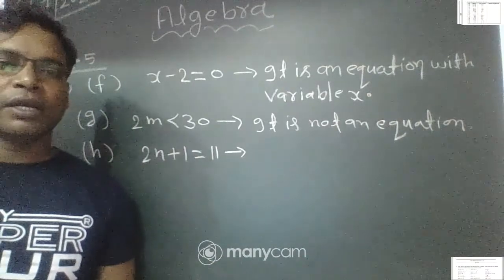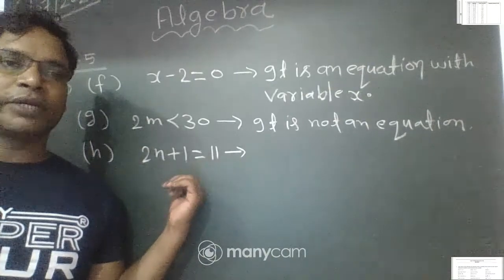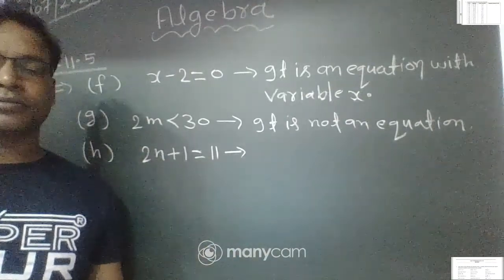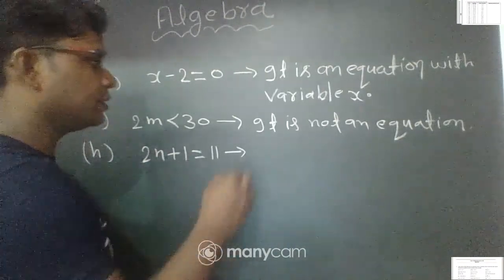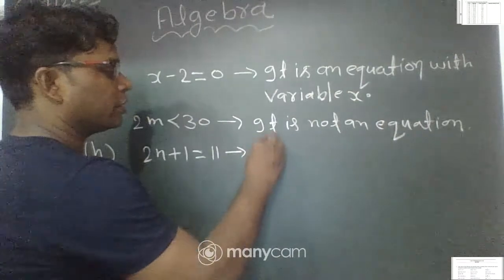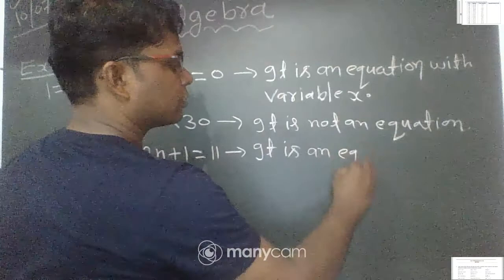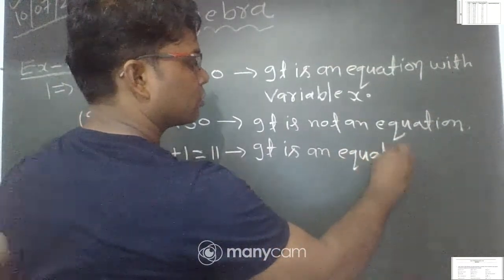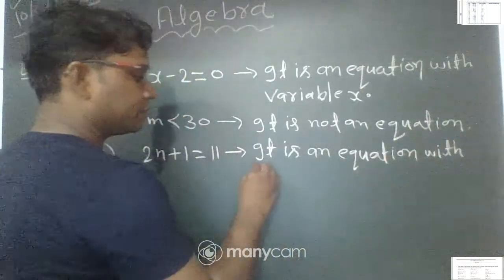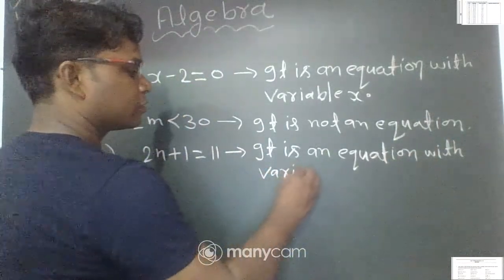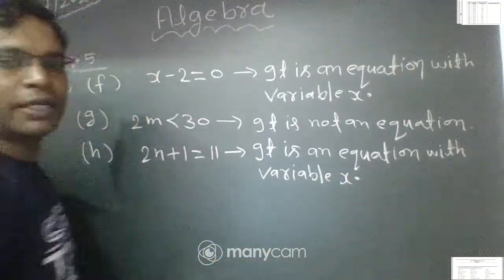This is an algebraic equation, okay? Because here the left hand side is equal to the right hand side. So here you can write, it is an equation with variable x, okay?